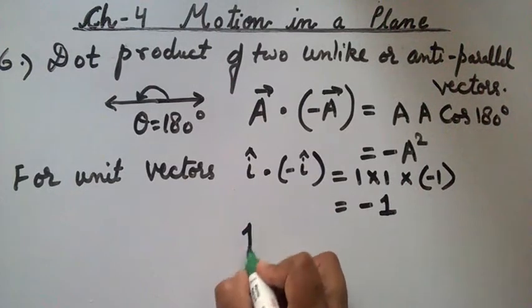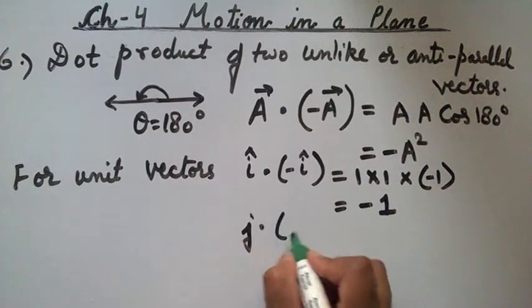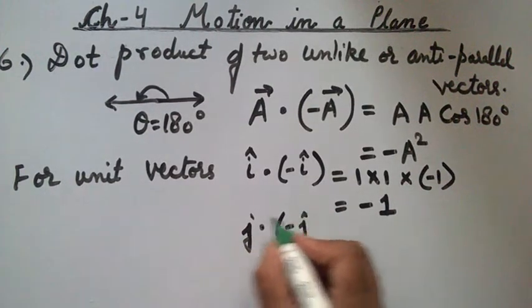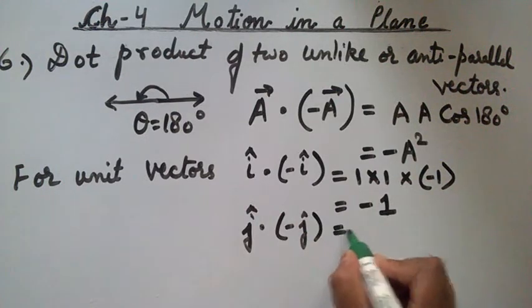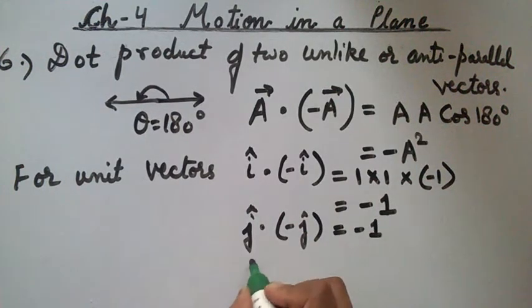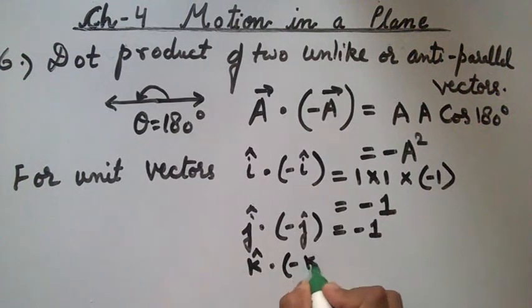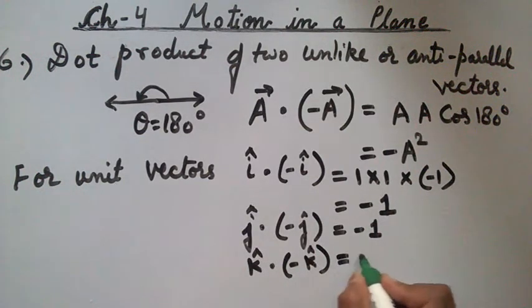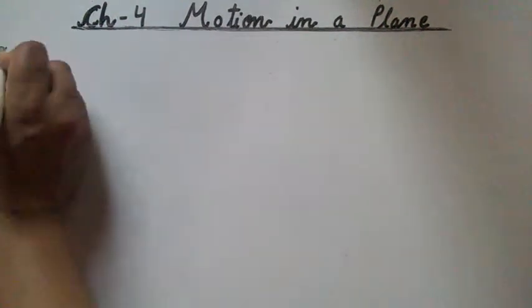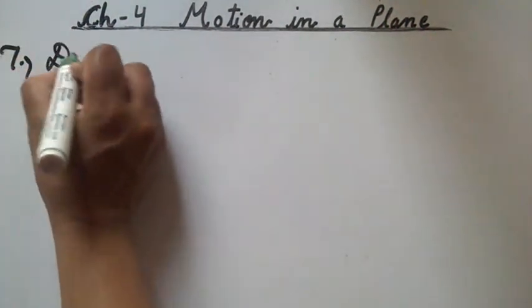Similarly, j cap dot minus j cap gives minus 1, and k cap dot minus k cap gives minus 1. Now dot products in terms of their components.